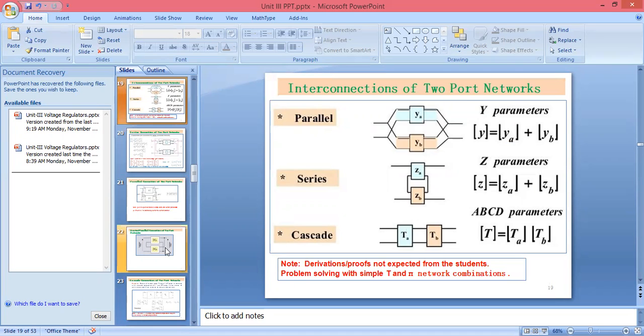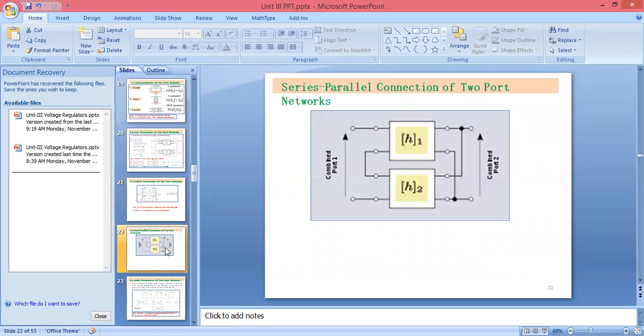And when we are supposed to make the series and parallel connections of the two-port network, you can see here when I am making the series and parallel interconnection, at that time at the input we are making the series connection, and at the output port we are making the parallel connection.